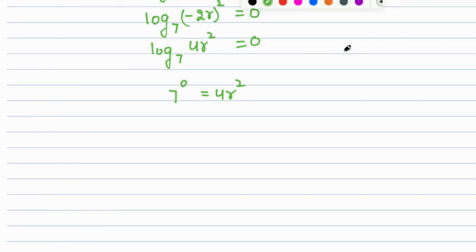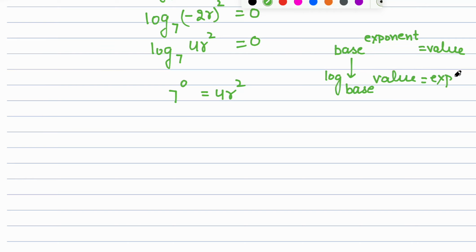This is how these are convertible, right? What is the rule? Base to the power exponent is equal to some value, and its log version is log base, value is equal to exponent. So this is what I have done here.